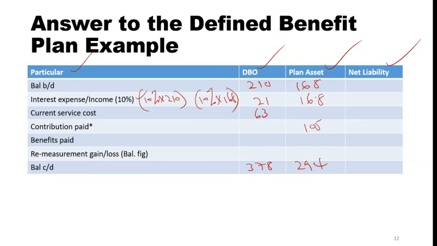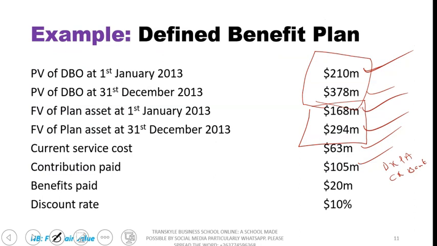Okay, now let's see if there is a benefit paid. Okay, benefit is paid 20 million, and I say that when a benefit has been paid, it is going to reduce the defined benefit obligation as well as the plan asset.